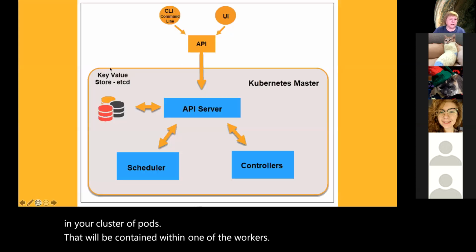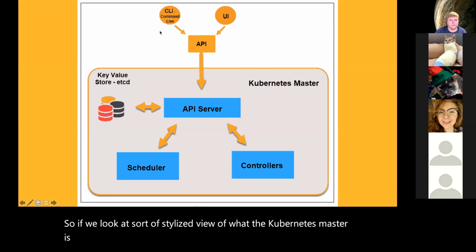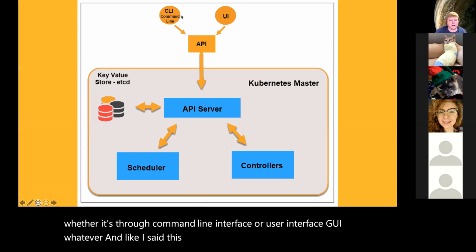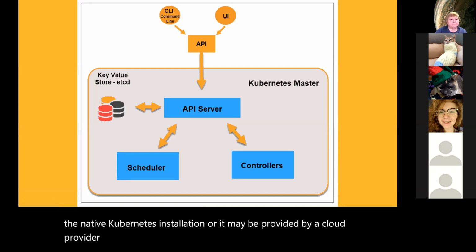If we look at a stylized view of what the Kubernetes master is, you've got some form of communication, whether it's through a command line interface or a user interface, GUI, whatever. And like I said, this may be via something that comes with the native Kubernetes installation, or it may be provided by a cloud provider, or it may be from a third party.